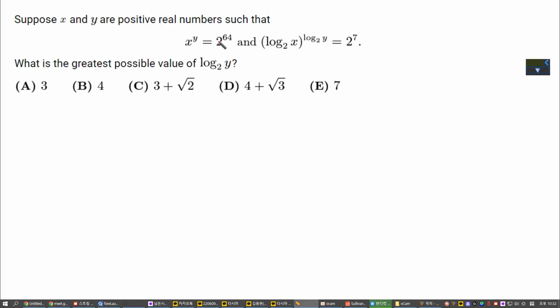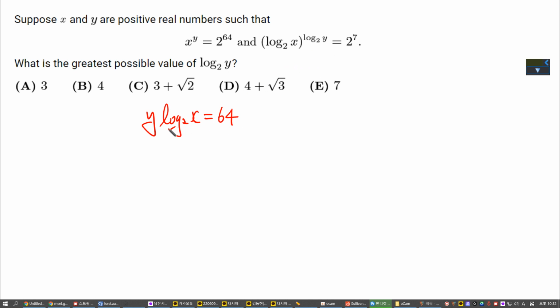So at first, let's apply the log of 2 to both sides of the first equation. That makes y come out of the log. So the left side is y times log 2 of x. And for the right side, the log of 2 cancels this base 2, so only 64 remains.